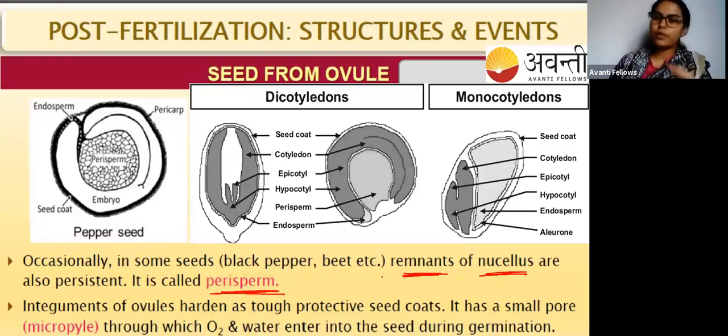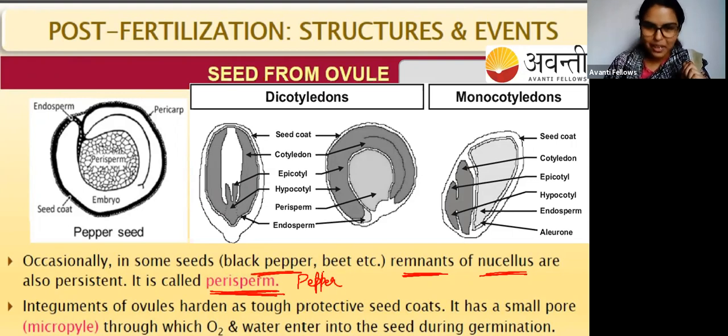Okay, जब भी nucellus बच जाता है, when the nucellus is remaining even after giving nourishment for the developing embryo sac, then that seed is called a perispermic seed. Okay, so the best example for that is pepper and beet. अरे यहीं पे तो लिखा है ना, pepper and beet.